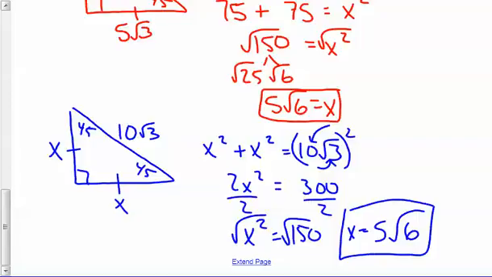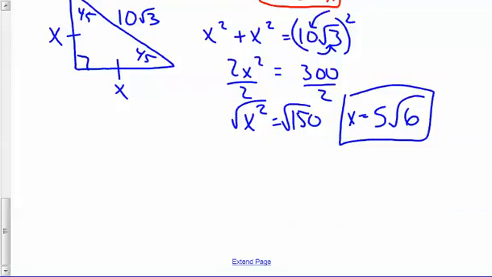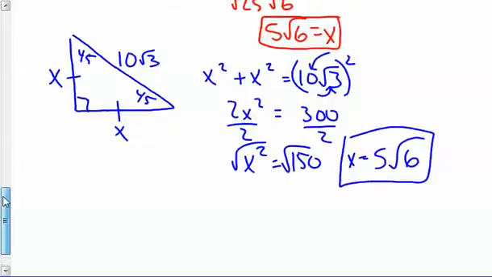All right, so that's how you do Pythagorean theorem with special right triangles. Special right triangles using Pythagorean theorem. If you knew the ratio, you could always say, oh, well, I'm going from the hypotenuse to the short side, so that means I divide by root 2. So 10 root 3 over root 2.